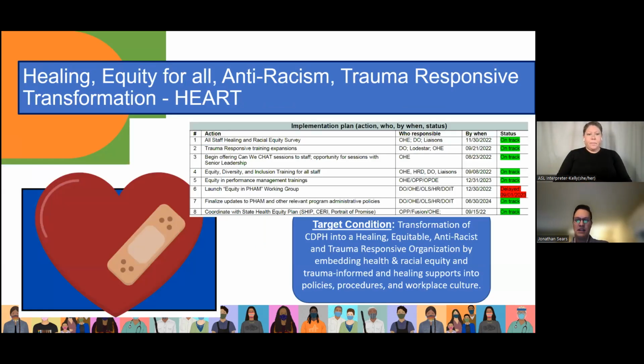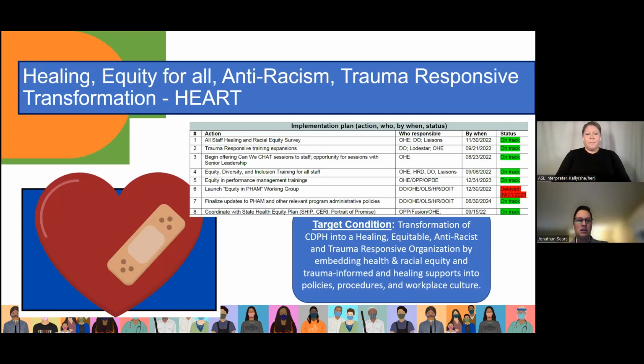Thank you. And as mentioned in that last slide, the target of the HEART A3 is to embed these practices and principles into our organization. For CDPH and other public health organizations and partners, it's been a highly traumatic past few years with the COVID-19 pandemic and multiple other public health emergencies that have required the workforce and all of our partners and stakeholders we work with to work long hours, face severe burnout, and work to stand up new emergency services and resources while still working to manage and continue our normal public health operations.